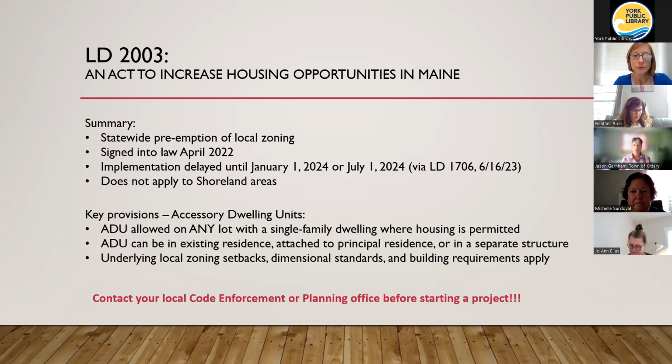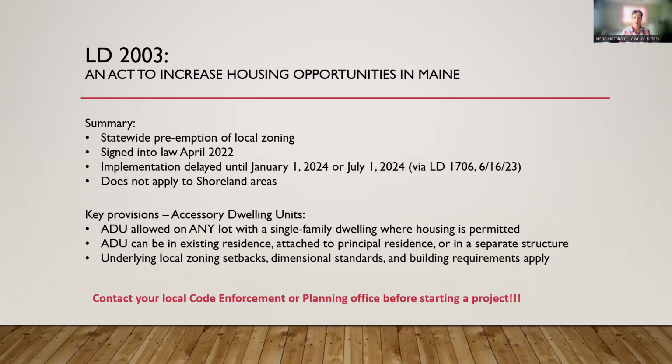As far as what an ADU, accessory dwelling unit, is, I didn't intend to do a lot of descriptive explanation of that. But it is important to know that it's secondary to the primary residence, and according to the law, that accessory unit can be built within an existing residence. It can be attached to a principal residence, or it can be in an entirely separate structure.